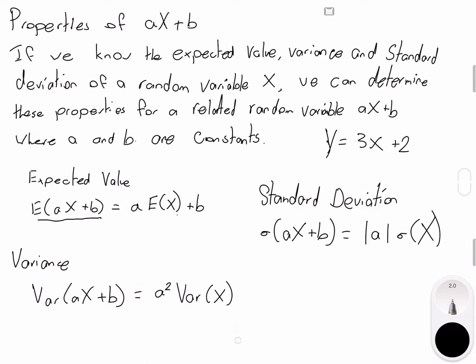Alright, so what does this look like in an example? Well, before we move on to that, I want you to get down the formulas for the expected value, the variance, and the standard deviation. So pause the video, get those down, and then we'll move on.